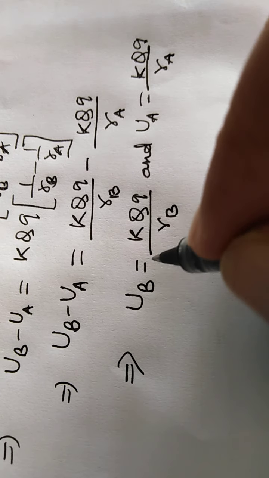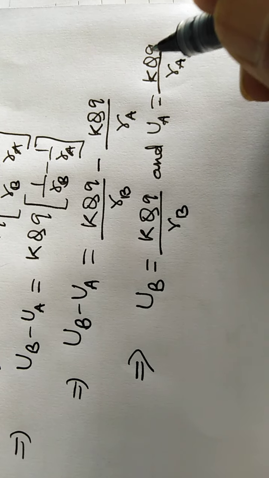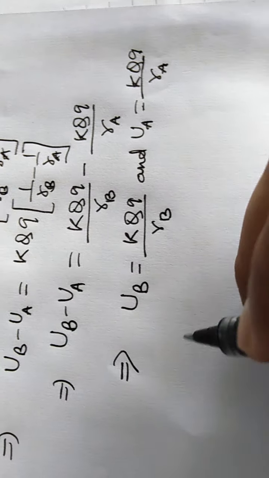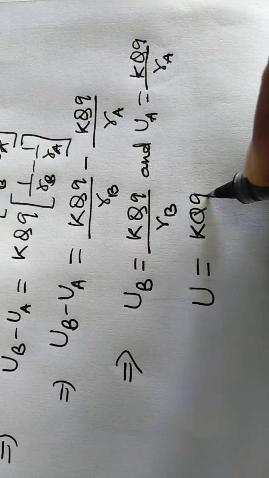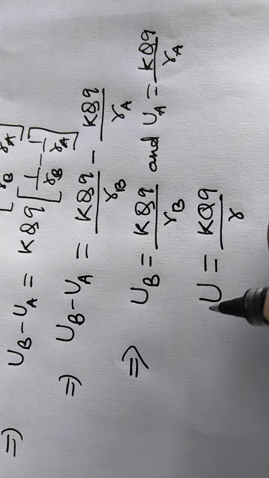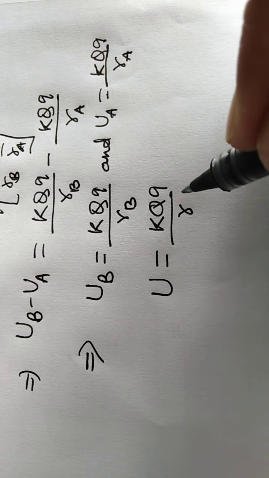So you can see U_B is equal to kQq by r_B and U_A is equal to kQq by r_A. In general, we can write U is equal to kQq by r. So this is the formula of electrostatic potential energy, and it is a very simple formula.